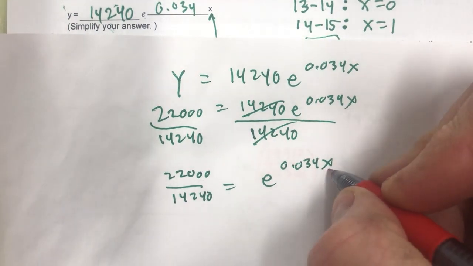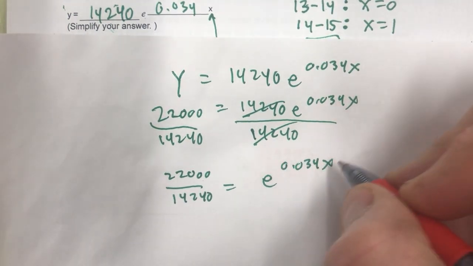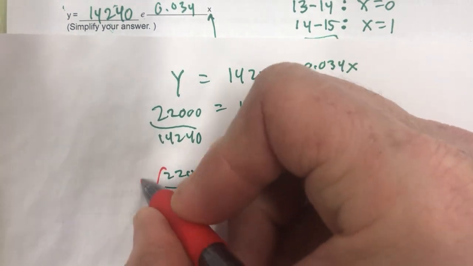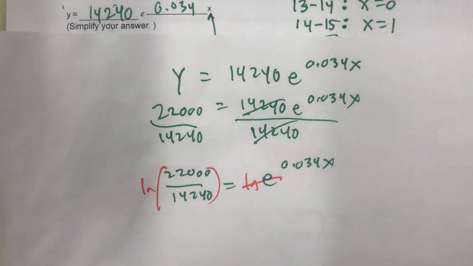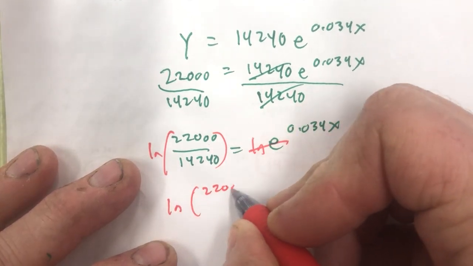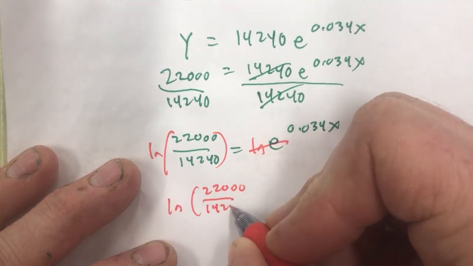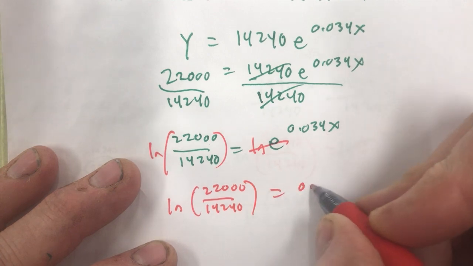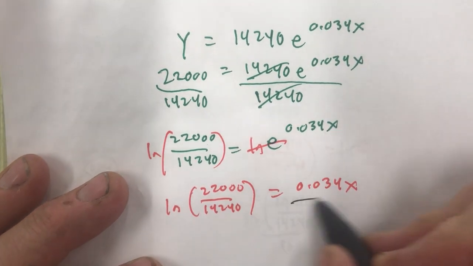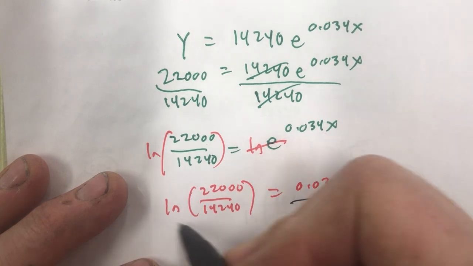Now I've got my variable in the exponent, so I'm going to have to do a natural log of both sides to cancel this off. That means I've got the natural log of 22,000 divided by 14,240 equals 0.034x. And then divide by 0.034.